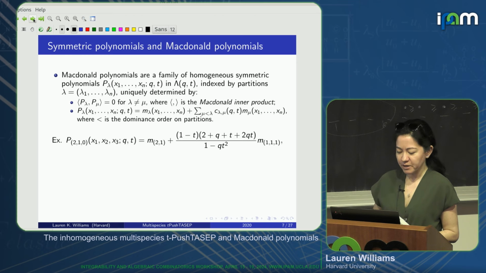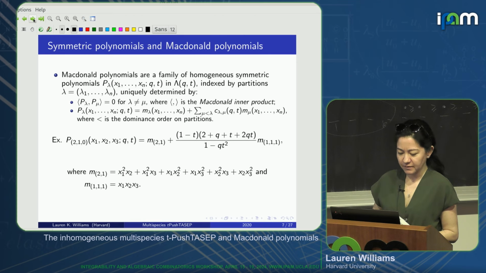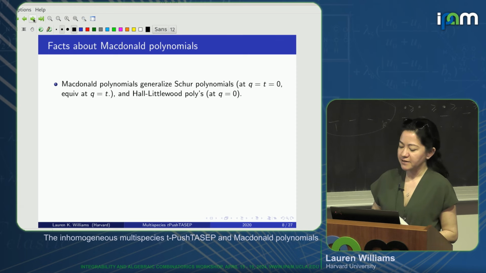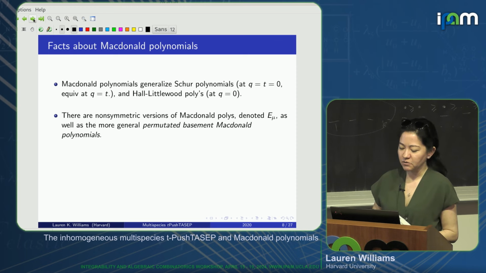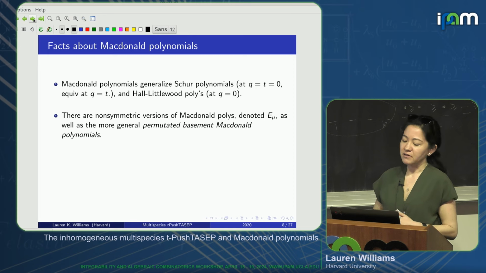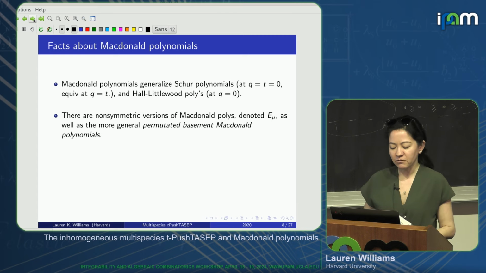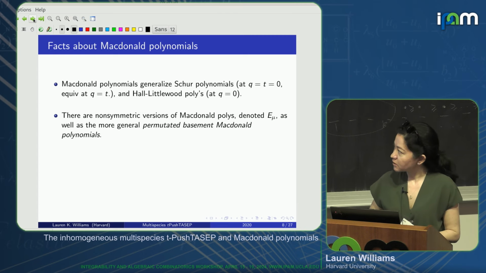This is one example of a Macdonald polynomial. And a few facts: they generalize Schur polynomials and Hall-Littlewood polynomials. And there are also non-symmetric versions of Macdonald polynomials and some more general permuted basement Macdonald polynomials.